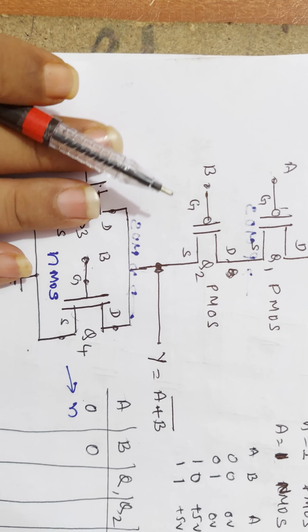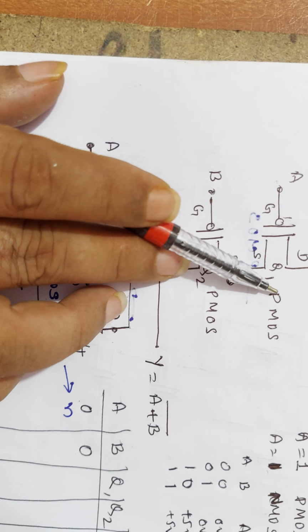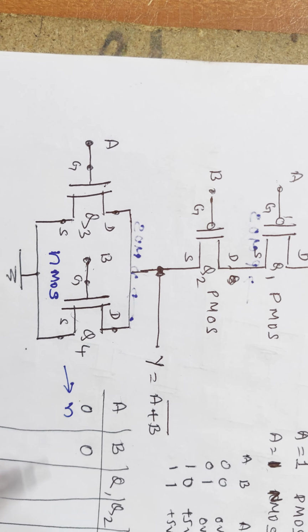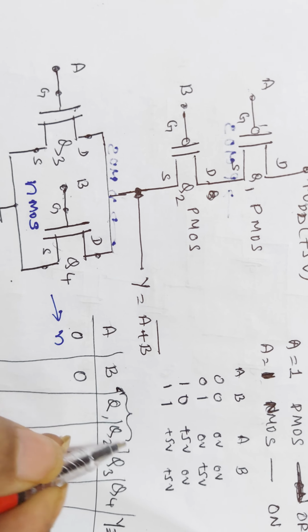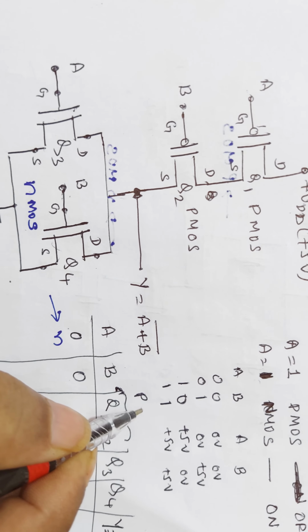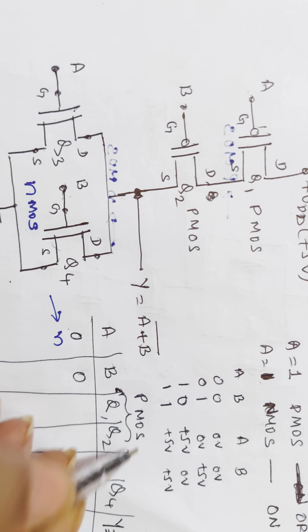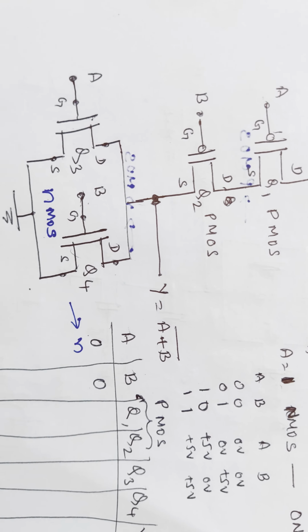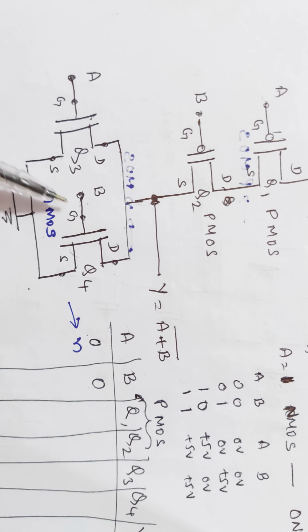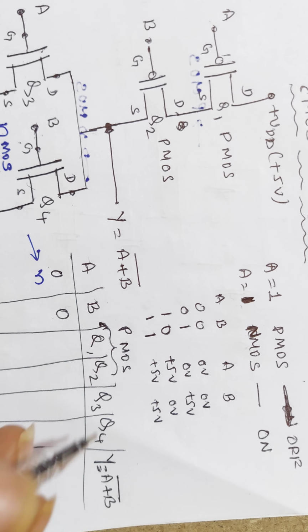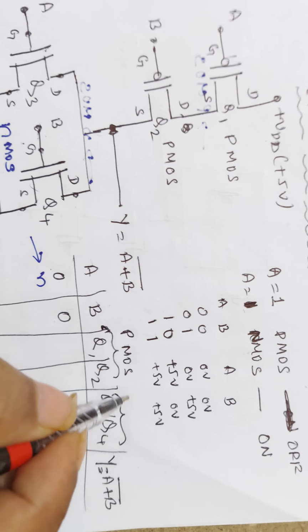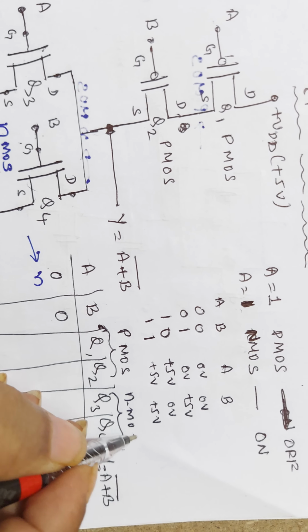Here Q1 and Q2 are the P channel MOSFETs, PMOS, and Q3 and Q4 are the N channel MOSFETs.